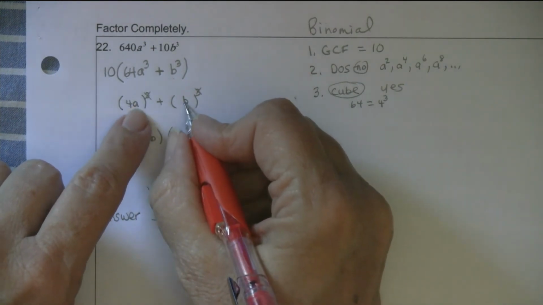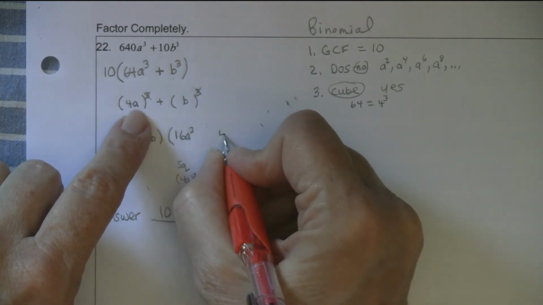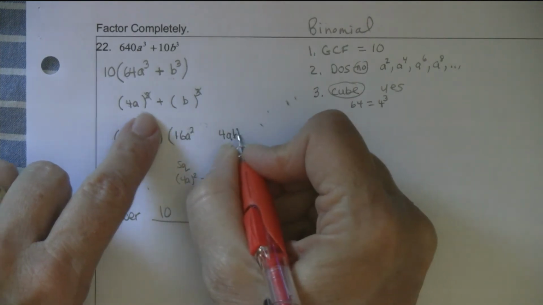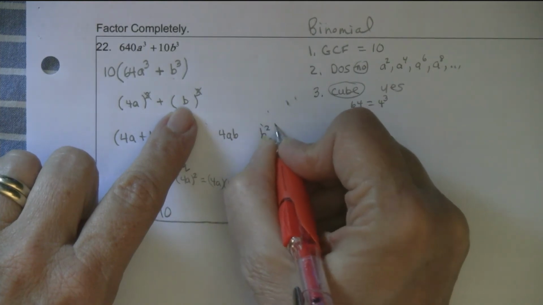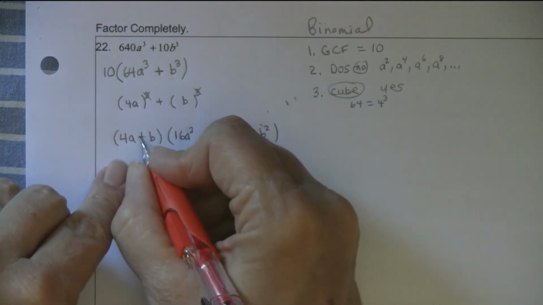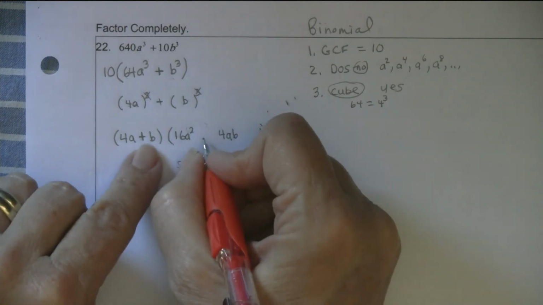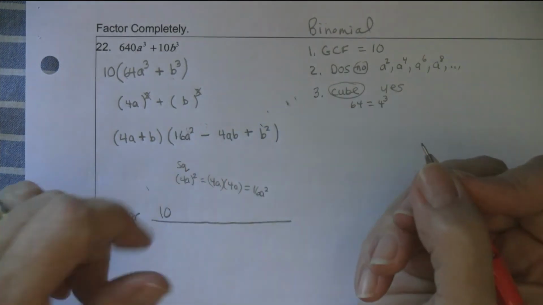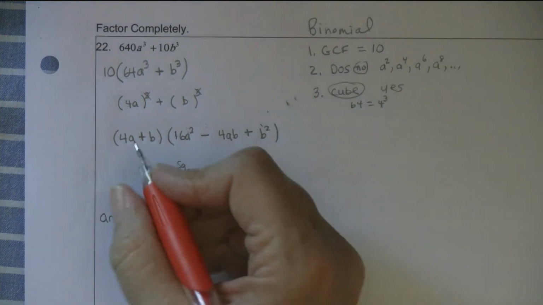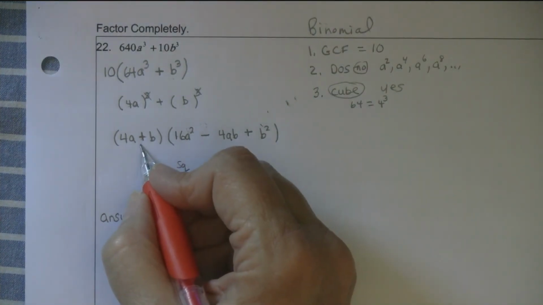Then it's multiply these together, which is 4ab, alphabetical order. And then you square this, so this is b to the second. And then SOAP, same as you started with, opposite, which is minus, always positive. And then this binomial does not have a greatest common factor other than 1.